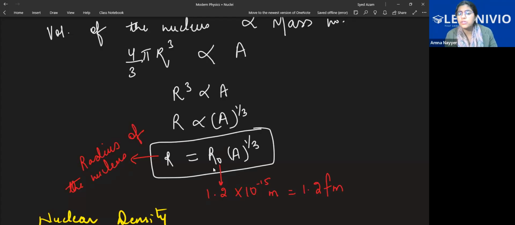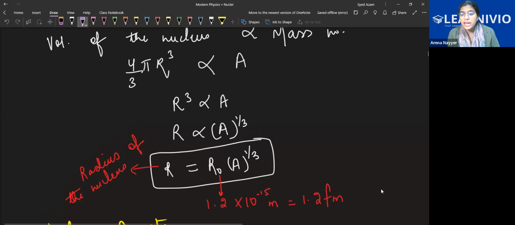But the value of this constant is 1.2 Fermi meters. If you are not converting into meters, be careful, your answer will be in Fermi meters. That can also be left. But if the question demands the answer in SI unit, then put 10 to the power minus 15. Remember this conversion, that 1 Fermi meter is 10 to the power minus 15 meters. Please remember this conversion.